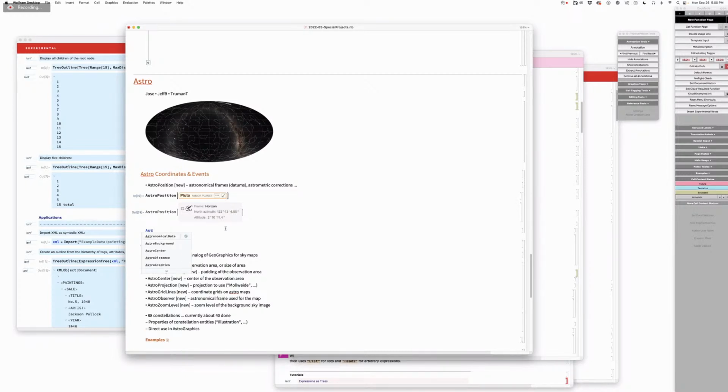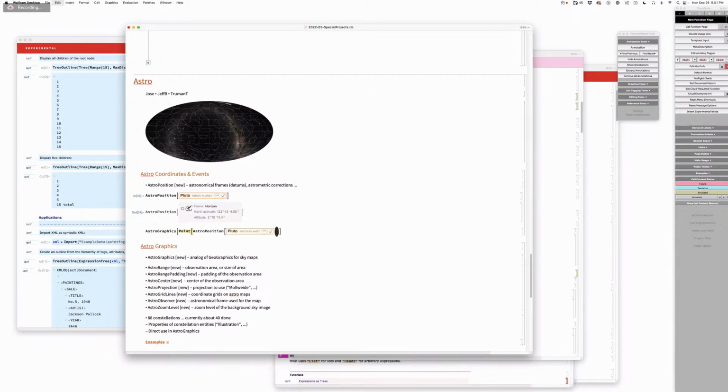Well, try astrographics, point. Well, you will need white because otherwise it will not work, of the astro position, not the entity. The entity should work, right? It should work, yes. Okay, so if I say point this thing here and I say style of that, comma, orange, for example.